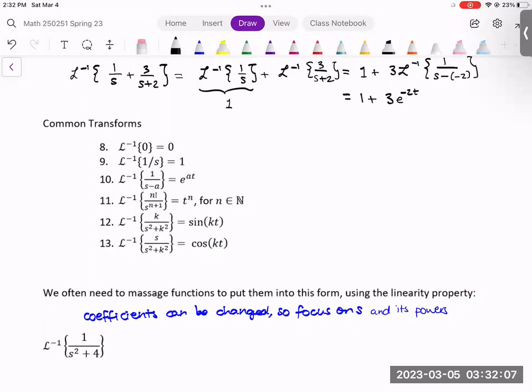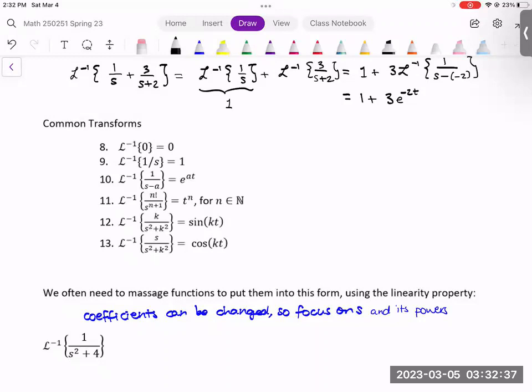And so when we're trying to decide what rule to be using, you want to keep in mind that the coefficients, these scalars multiplying our expression, can often be changed, but the s and its powers really can't be changed so much, and so you want to make your decisions based off of s and its powers.